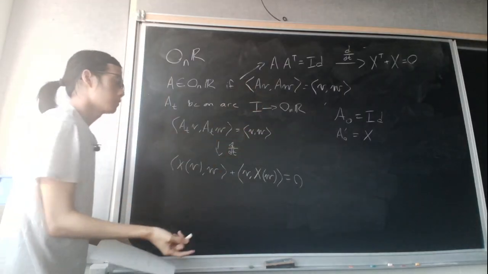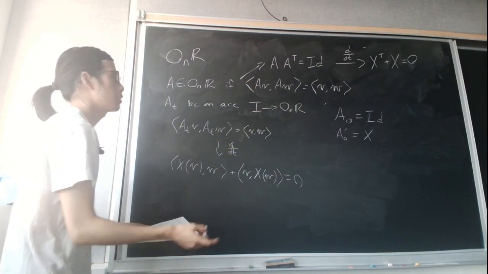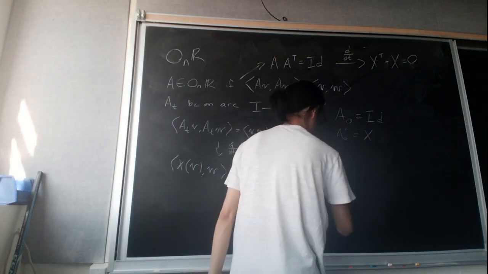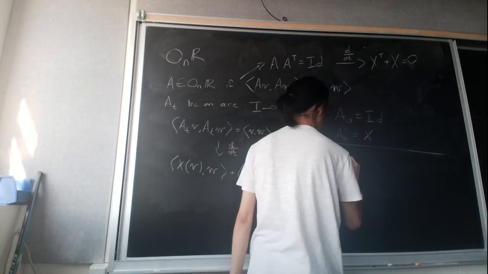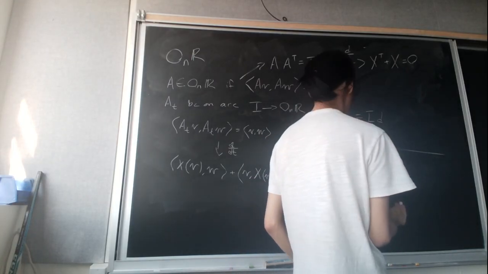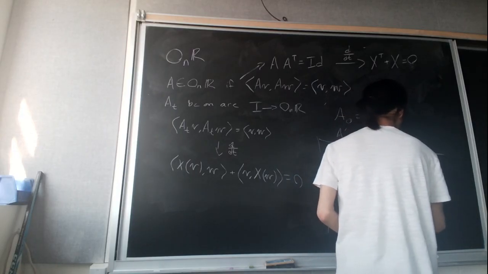So that's another equivalent condition. What does that tell us? It tells us that the Lie algebra for the orthogonal group is all of the skew-symmetric matrices.